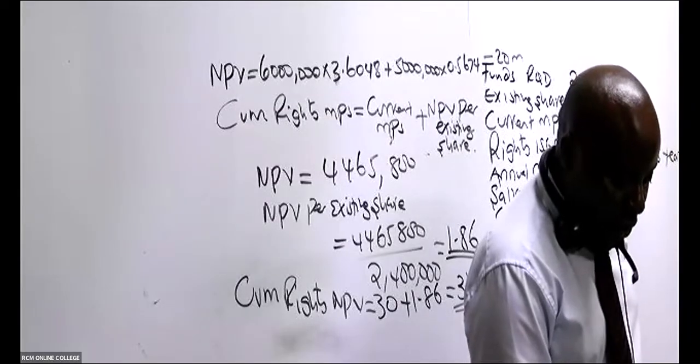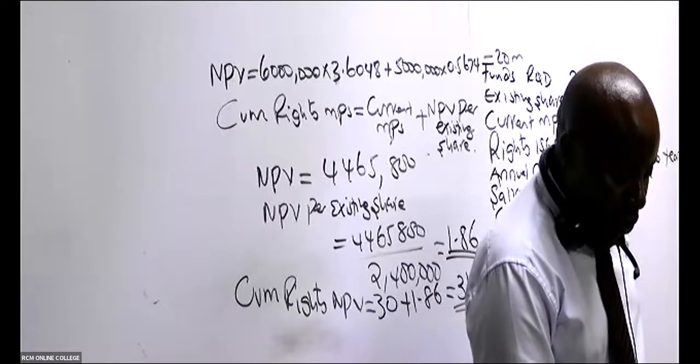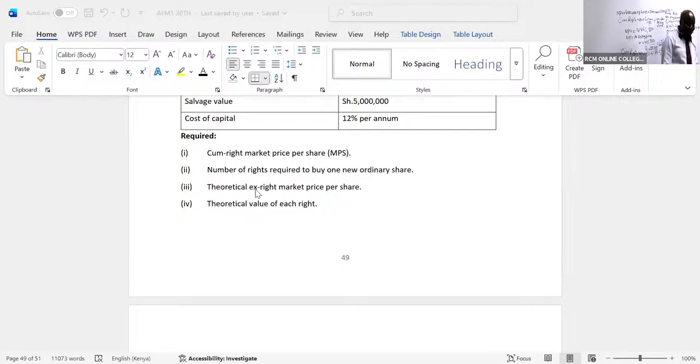So the next question, what do they want us to do really? They want us to give them the number of rights required to buy one new ordinary share. Write it there as a title: number of rights required to buy one new ordinary share.